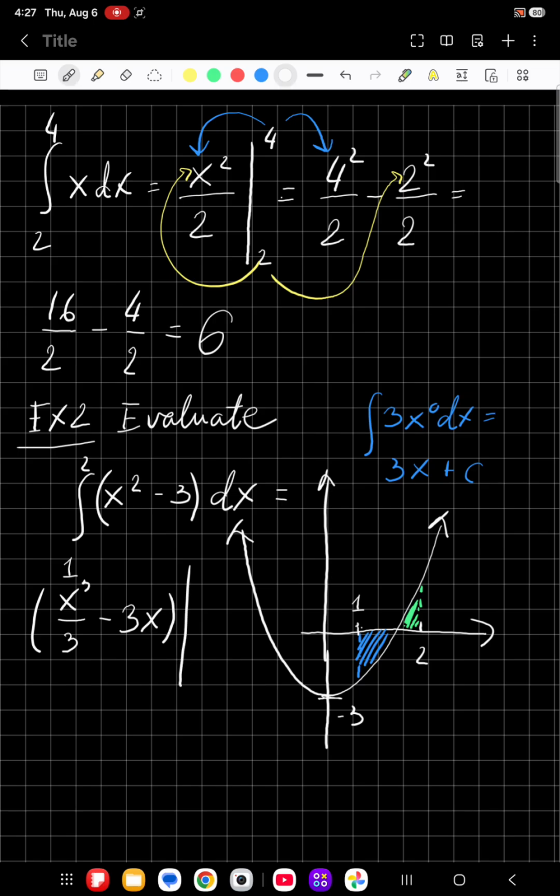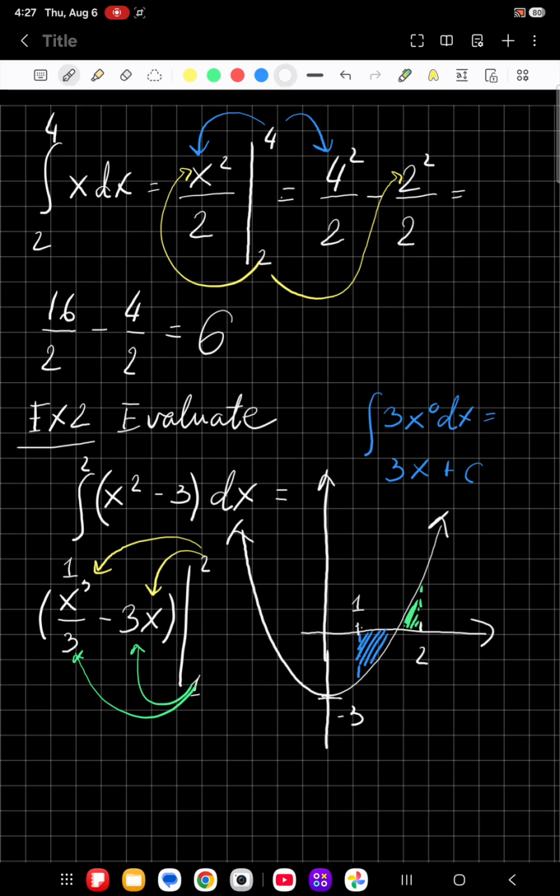And now I have that evaluation. I have this, from 1 to 2. Okay, so I'll be plugging in 2 in both places, and then plugging in 1. I hope you now see what the difficulty sometimes is.